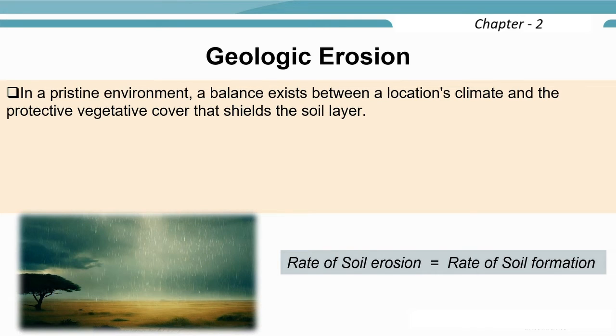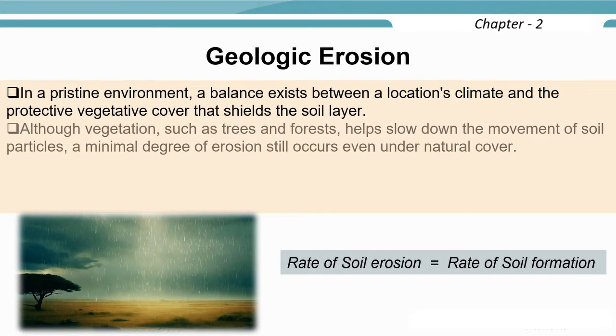So even though there is a significant forest cover in a certain area, there will be some minimum amount of erosion that will always go on. That is natural erosion. And the rate of this erosion will be almost equal to the rate of soil formation. So it's a very slow erosion process.